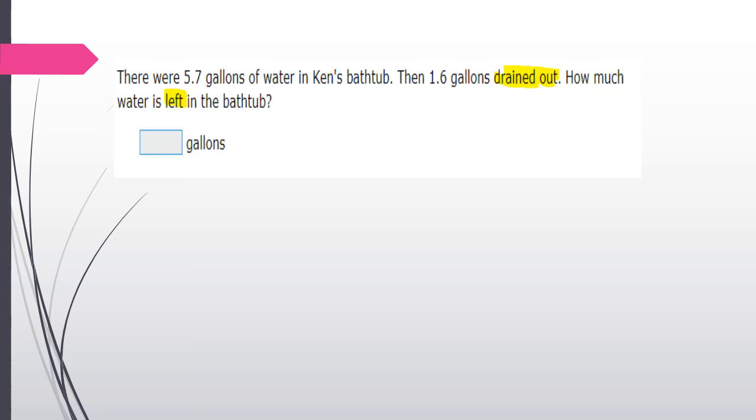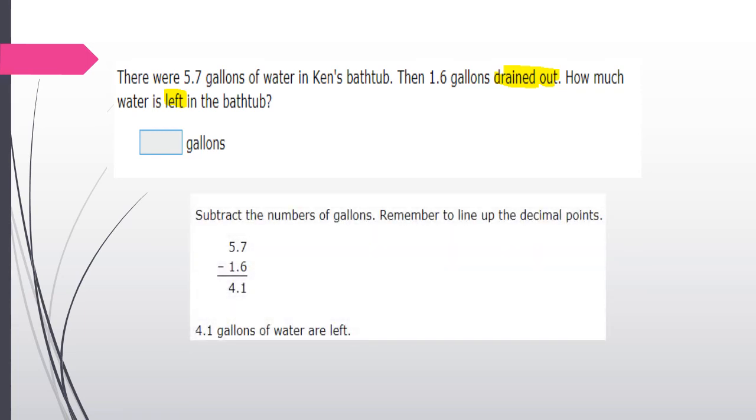Good. So 5.7 minus 1.6, line up these numbers. Subtract from right to left. Our answer will be 4.1 gallons of water left. Excellent.